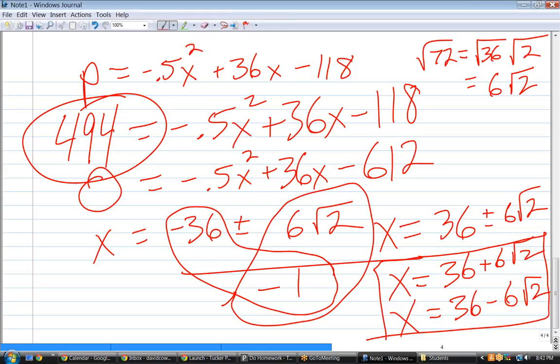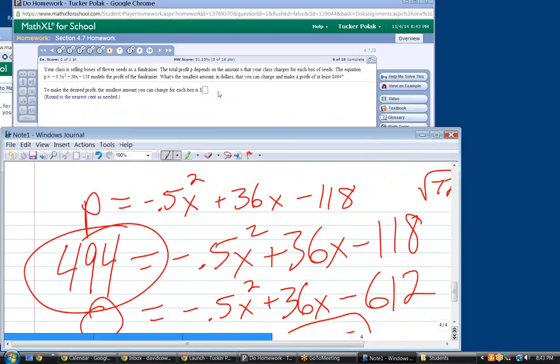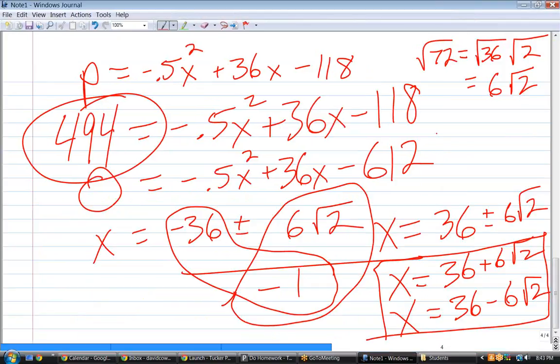Root 2 is 1.4, so 6 times root 2 is maybe 9. So it's still a positive number. But let's see how they want it. Round to the nearest cent.